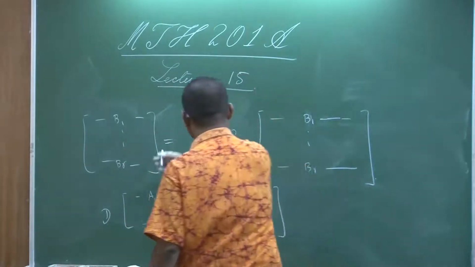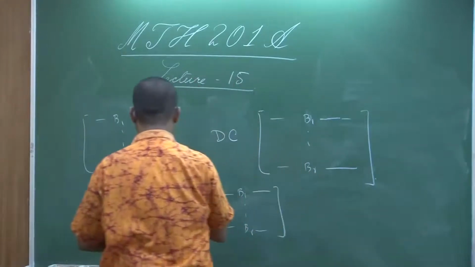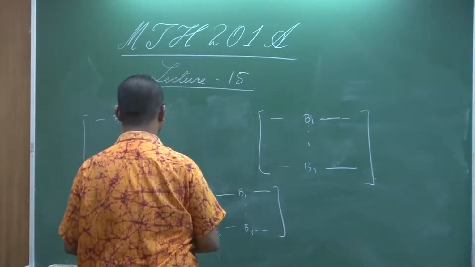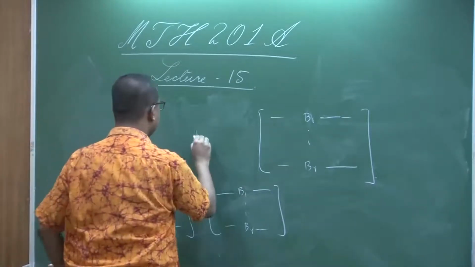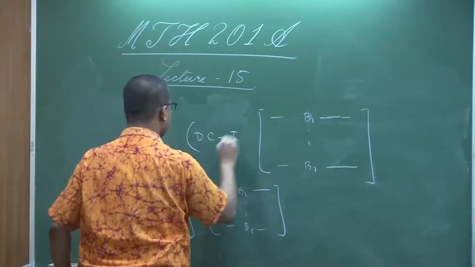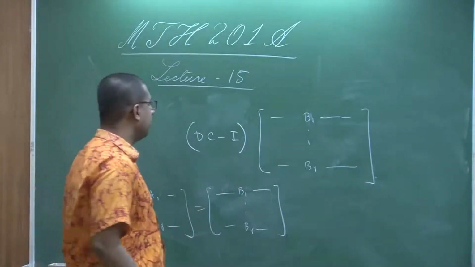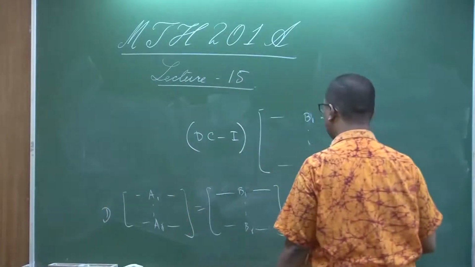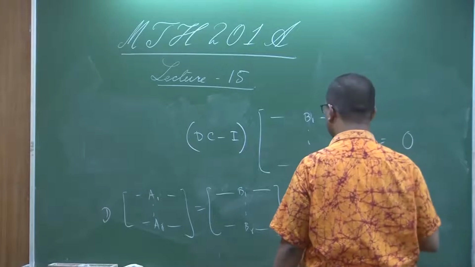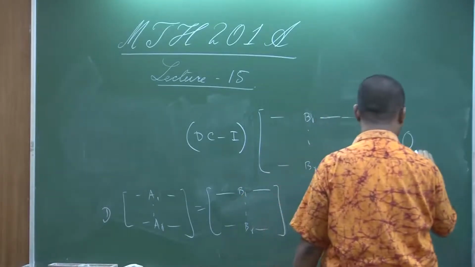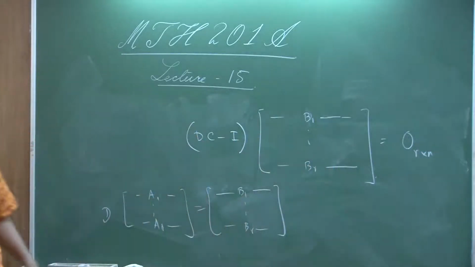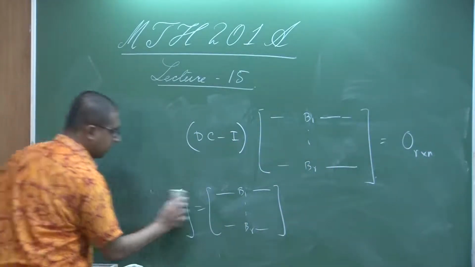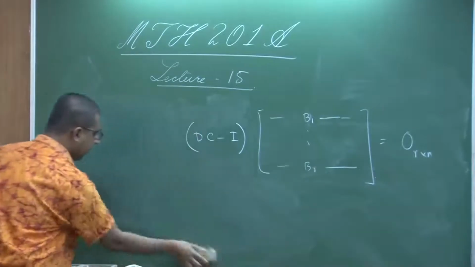So you bring everything on one side, and you see that DC minus identity is a matrix times this is the 0 matrix. It is of order R cross N, right. Fine, so far so good.